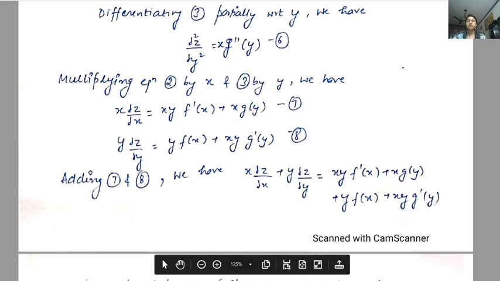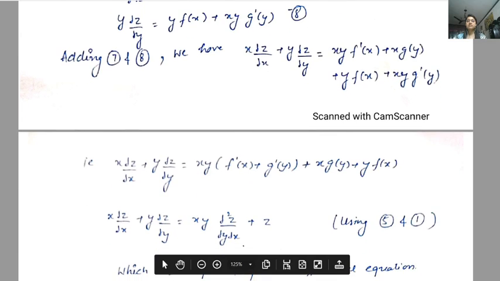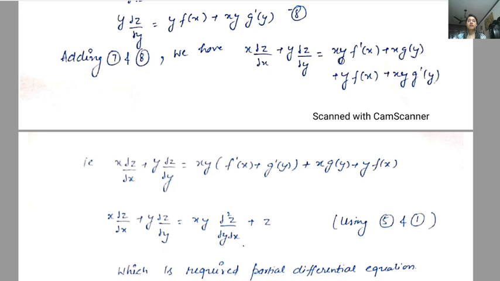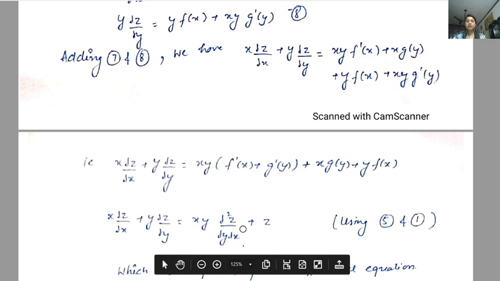That is, we can write it as x ∂z/∂x plus y ∂z/∂y equals, taking xy common from these two terms, we are left with f'(x) plus g'(y), and these two terms are x g(y) plus y f(x). Now we have used here equation 5 and 1.